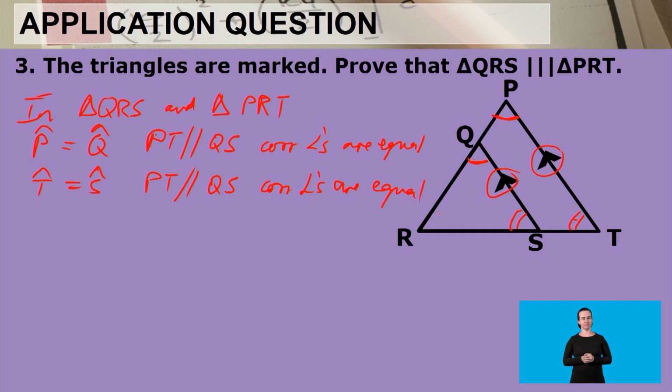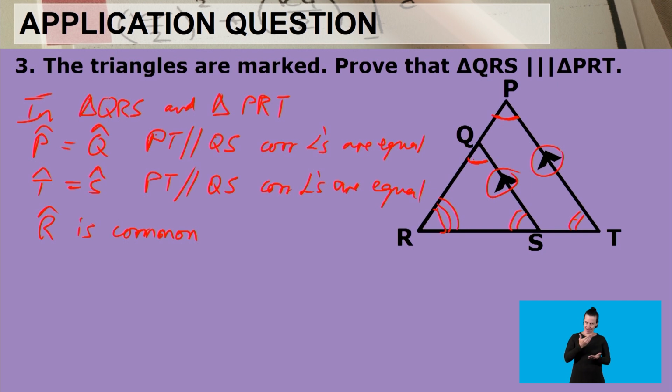And then what do you notice? Both triangles have angle R, therefore angle R is common on both triangles. And now we've got our three reasons. We've got three angles that are equal on both triangles.